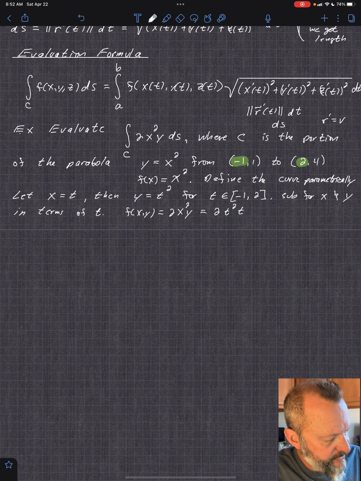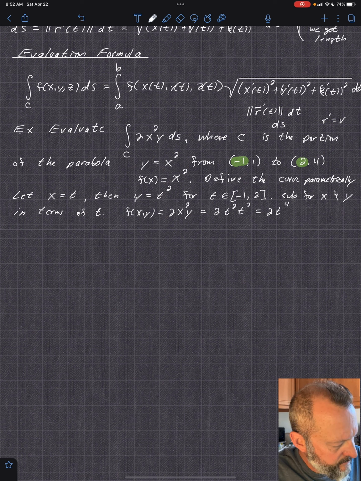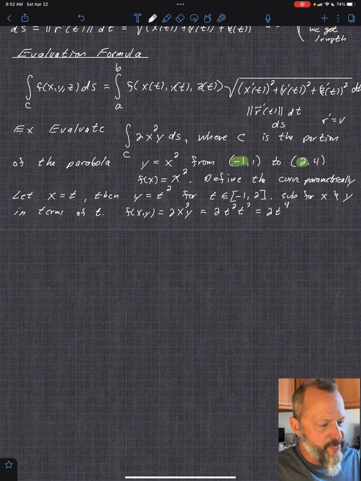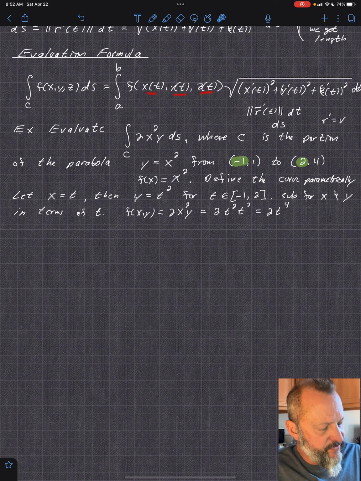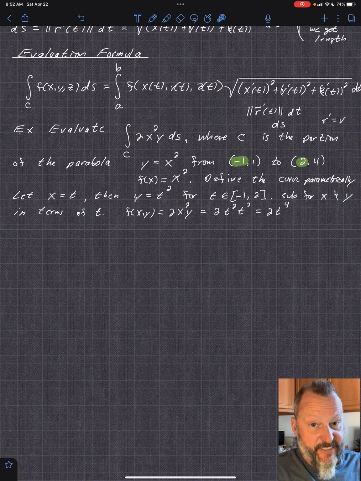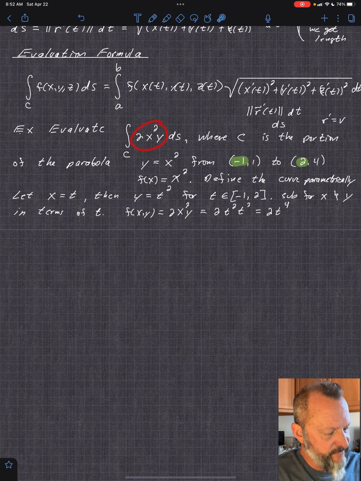So that equals 2t to the 4th. So that's what it's referring to when you plug in up here: x in terms of t, y in terms of t, z in terms of t. Now this is just 2D because of the way it was given.